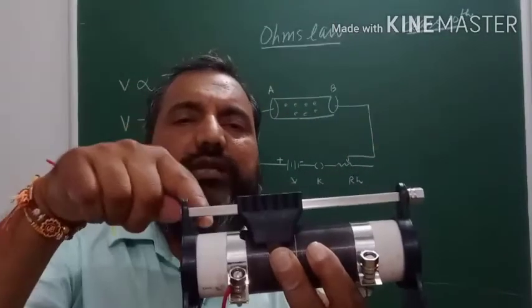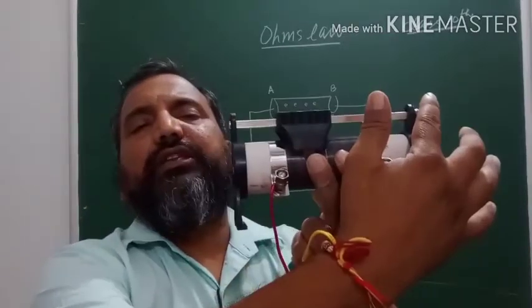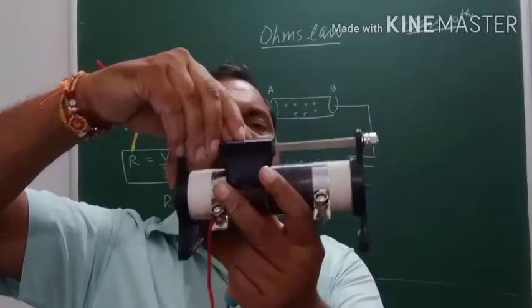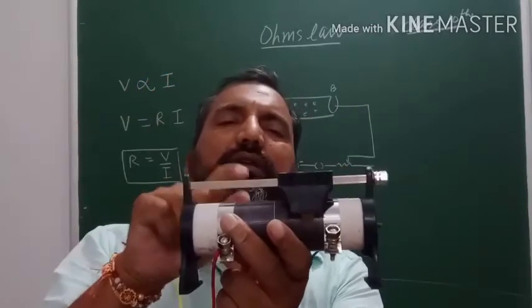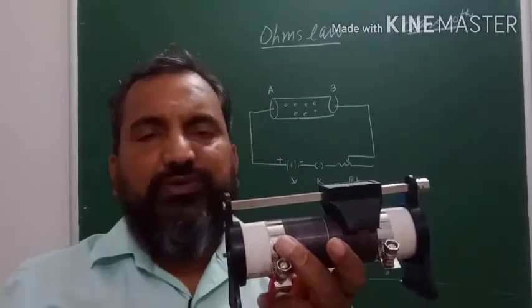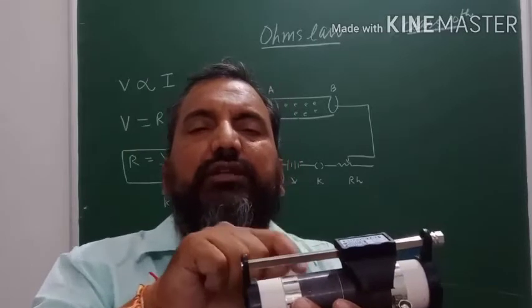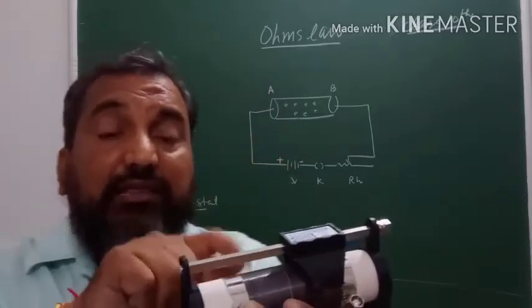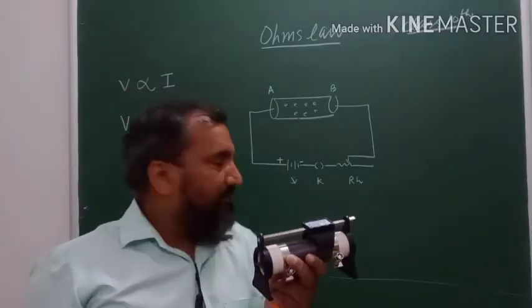So this rheostat has three terminals, two fixed and one variable, and when this connector glides on it, the resistance value changes. With this device we can increase or decrease the resistance, and that will show how the current is increasing or decreasing.